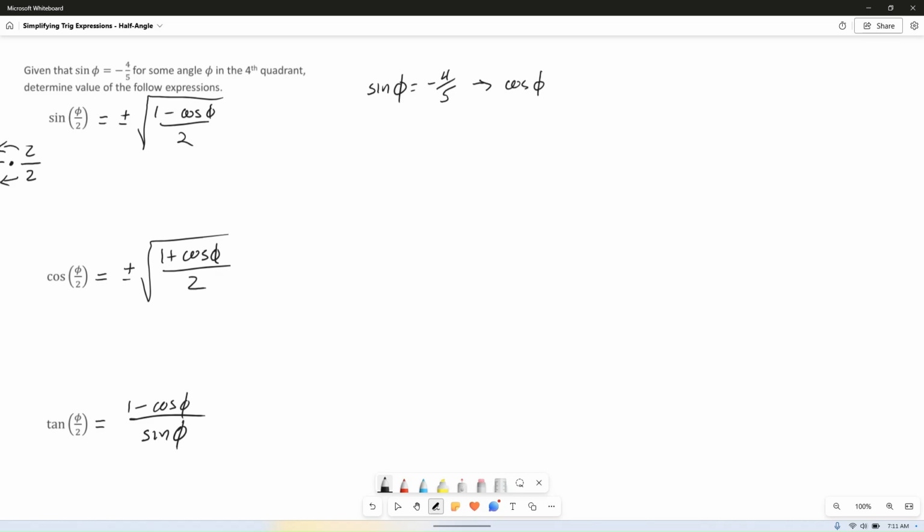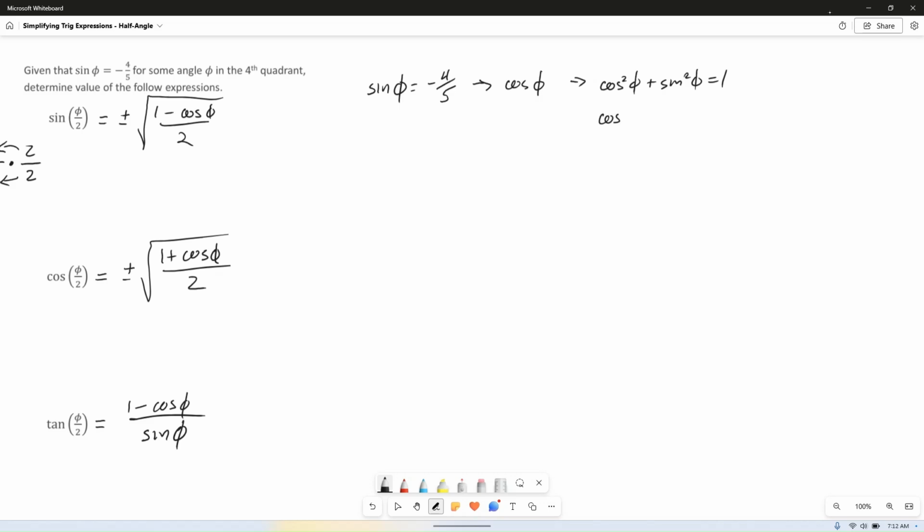Okay, there's several ways that we could do this. We know that cosine and sine are related to each other by the Pythagorean theorem, so we could do cosine squared of phi plus sine squared of phi is equal to 1. So we could just plug the negative 4/5 in for sine, and then solve that for cosine.